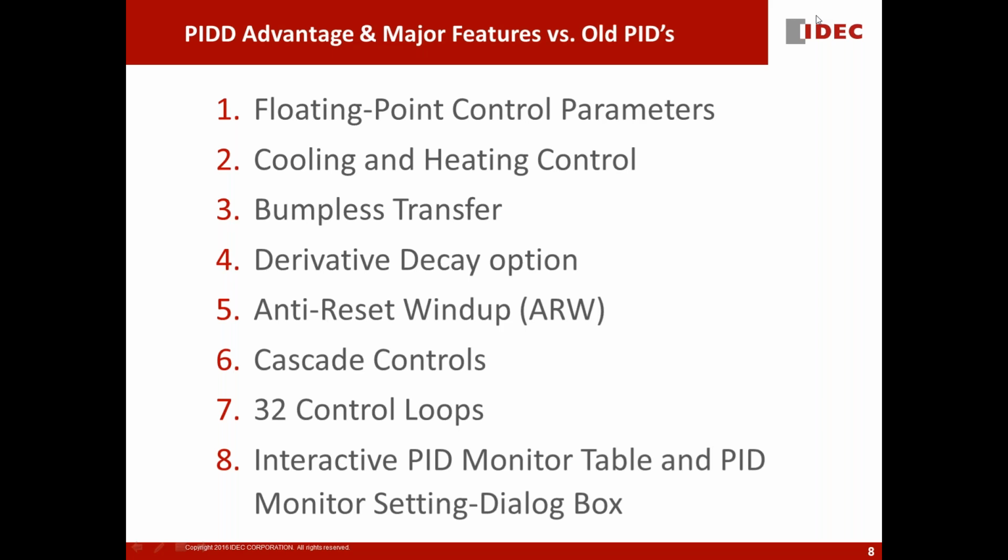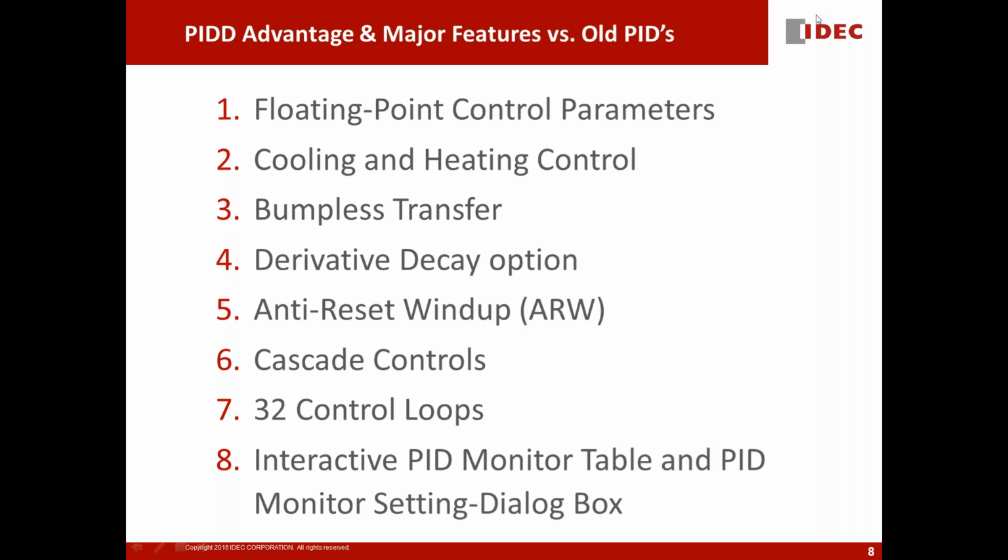The old PID, some of you are familiar with, only uses 0 to 65,535. If you're doing precise PID, you cannot do a fraction of a pressure or a fraction of a temperature change. So it's only whole numbers.